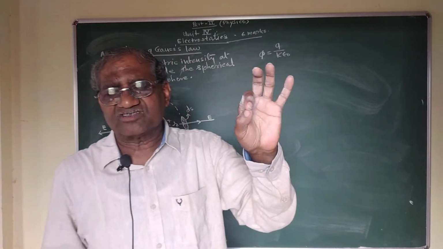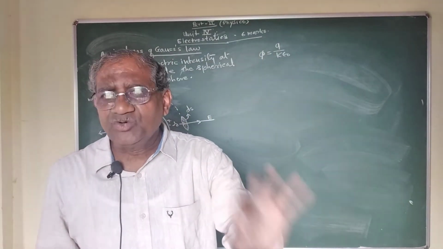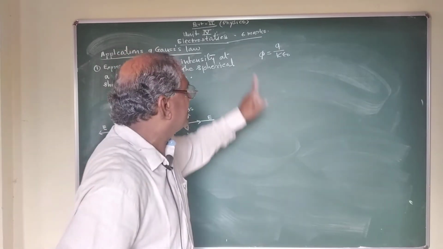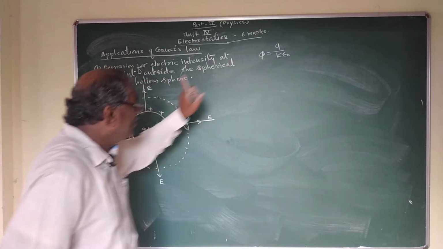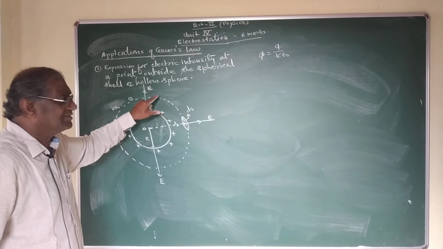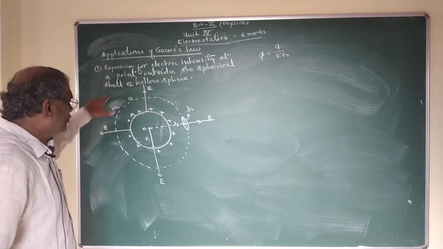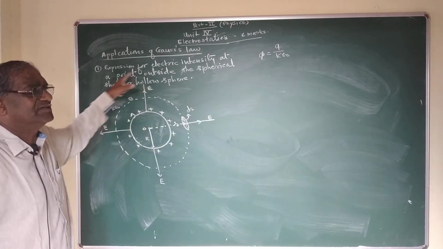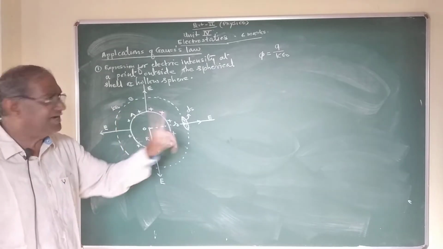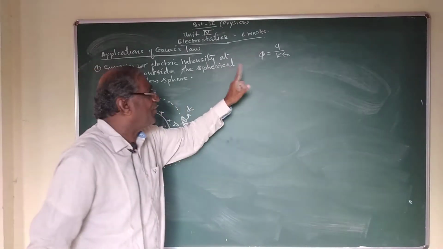So if we have to use Gauss law, then we must find how much total electric flux is produced over the whole Gaussian surface. This is the third point.